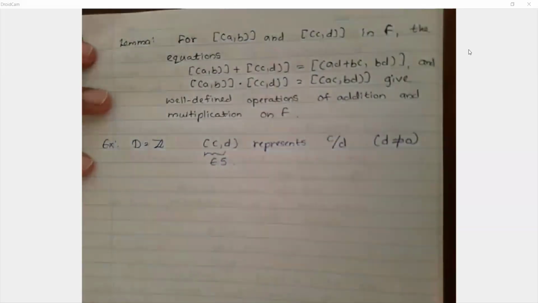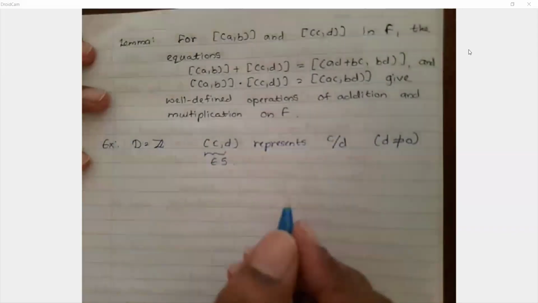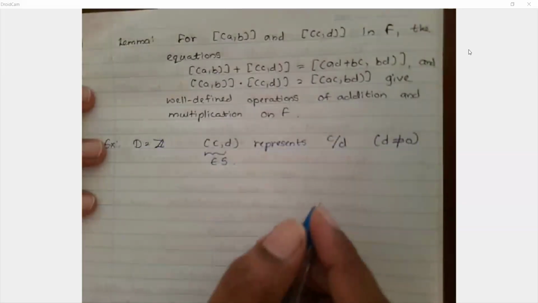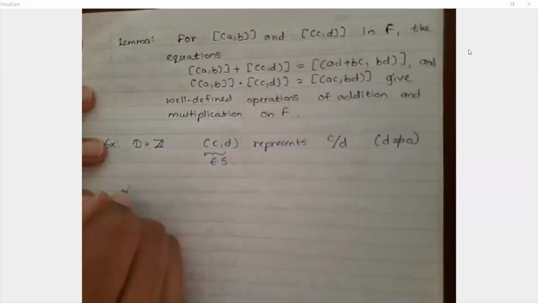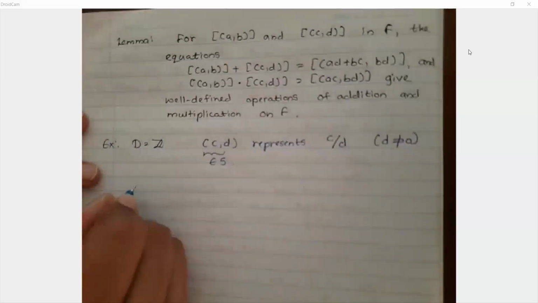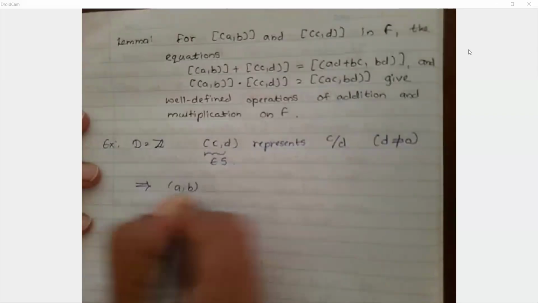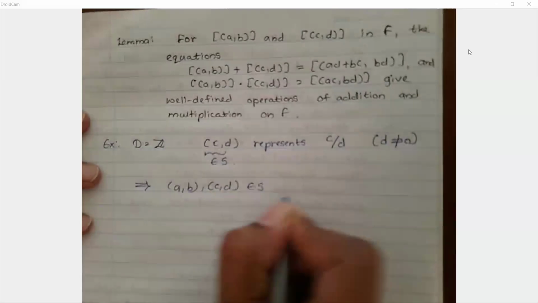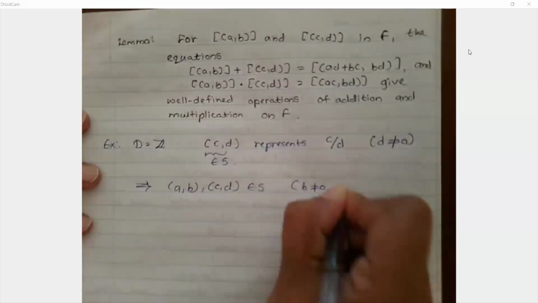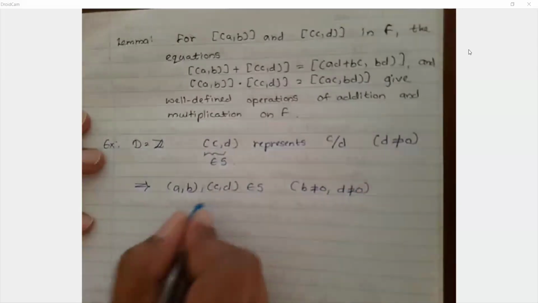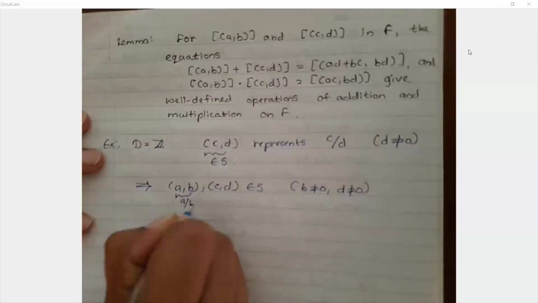So if you have A, B, C, D in S, from the definition of S, we know that B is non-zero, D is non-zero, and these would represent A over B and C over D.